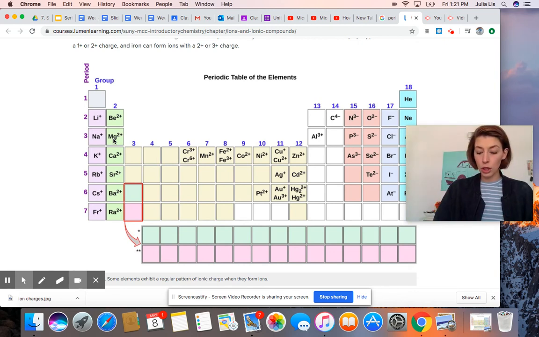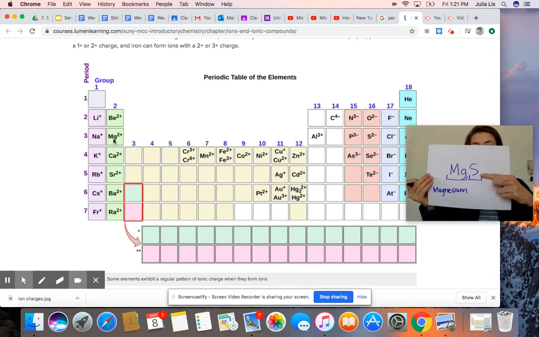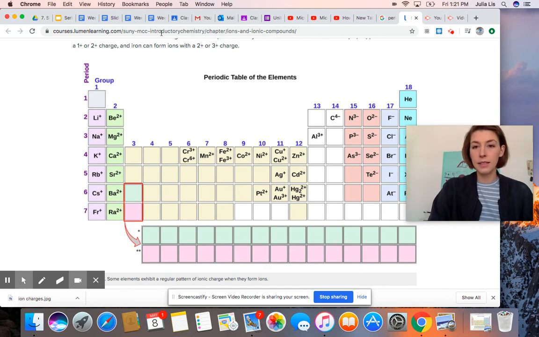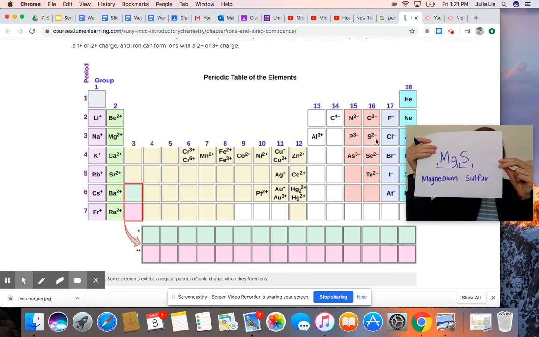Then I'm going to look for the name of the nonmetal, S, over here. S is in group or family number 16, right here. It's sulfur. So I'm going to put sulfur. Okay.